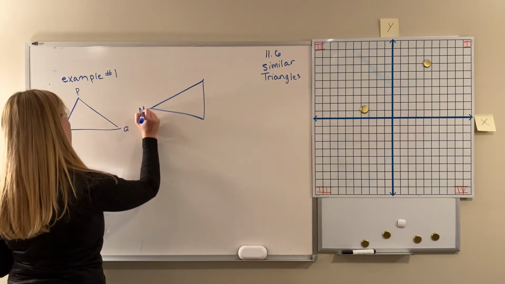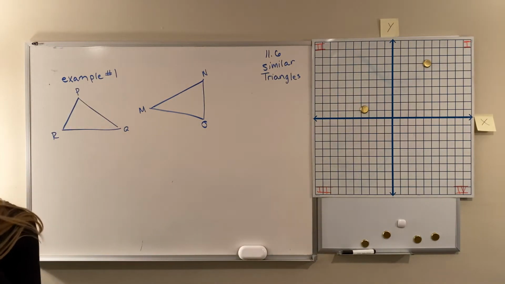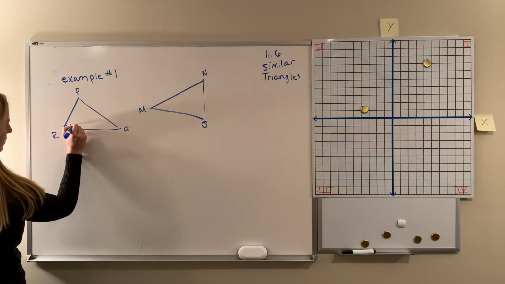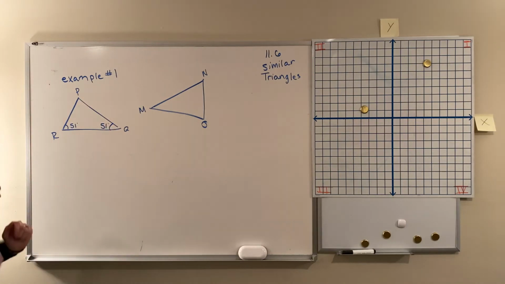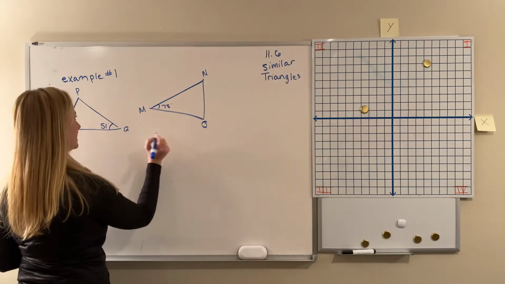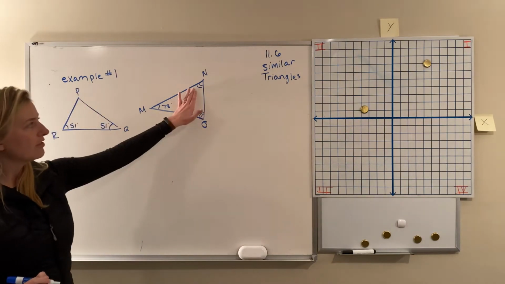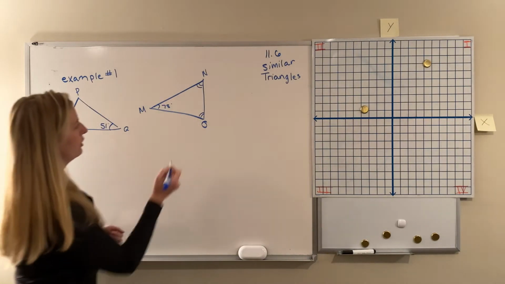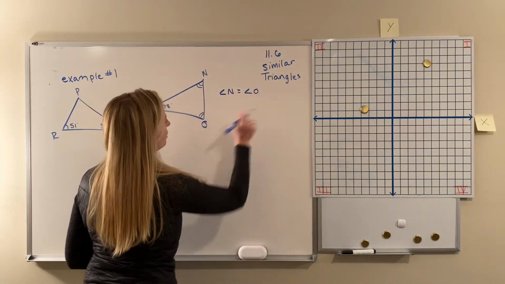That is M, N, O. The only information about the two triangles they give us are some angles. They tell us angle R is 51 degrees. Angle Q is 51 degrees. Then they tell us angle M is 48 degrees. And then they have these two little arcs right here. All that does is signify that angle N is equal to angle O. Because they have the same arc, it means they're the same angle. So we know angle N is equal to angle O. We just don't know what those are.